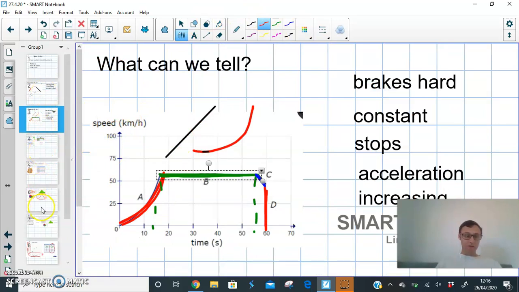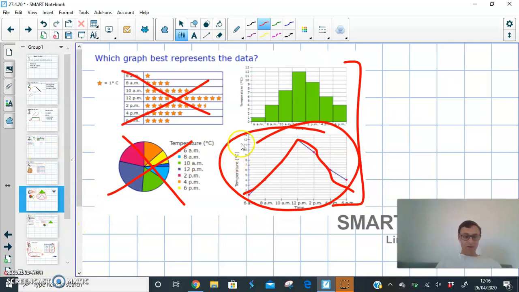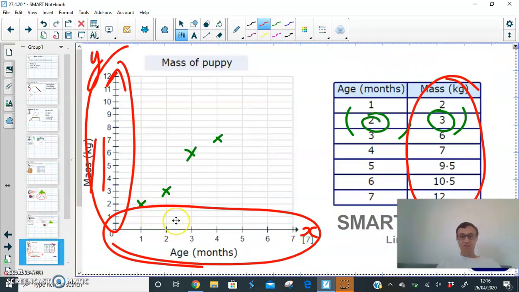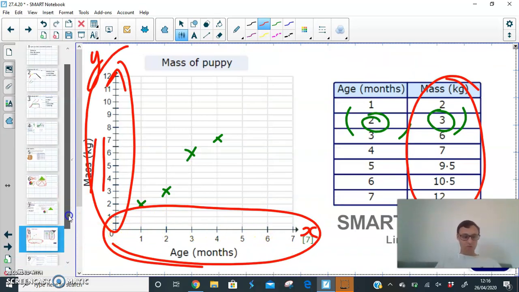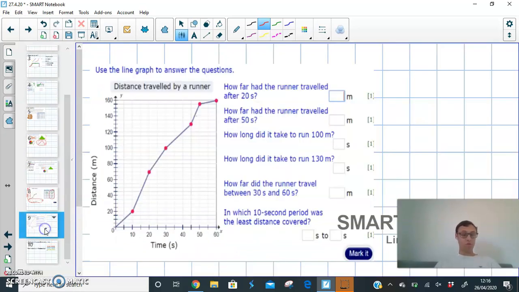If we go back to the temperature on here, okay, we were measuring the temperature, so it was on the y-axis. So the y-axis is usually what you're measuring. It's called the independent variable. Okay, and down here is not what you're measuring, which makes it slightly easier. And then obviously, once you've plotted all those, you would use a ruler and you would join them up, and that's what a line graph would look like.